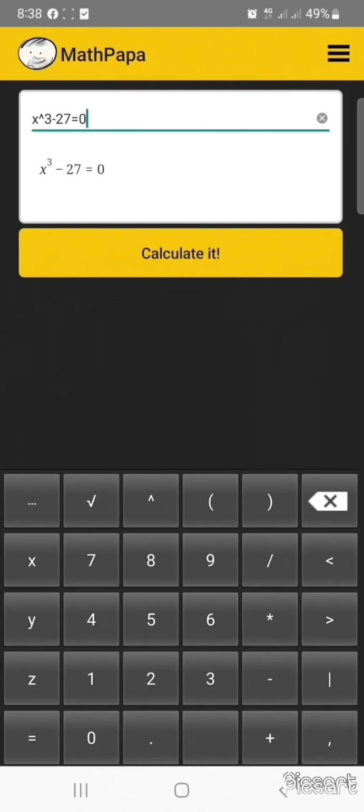And one of the amazing features of this app is that it also has the features of GeoGebra. So we can actually use this app to graph functions and relations. What if we have y equals x raised to the power of 2?